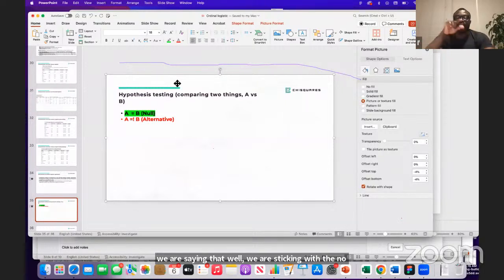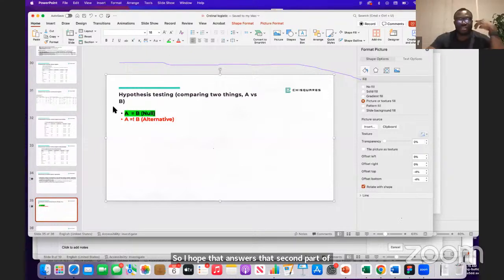So don't relate significance or non-significance to sample size. Relate it to hypothesis testing: are these two things different or are they not different? When we say something is statistically significant, we mean that they are different from each other. I hope that answers that second part of the question.